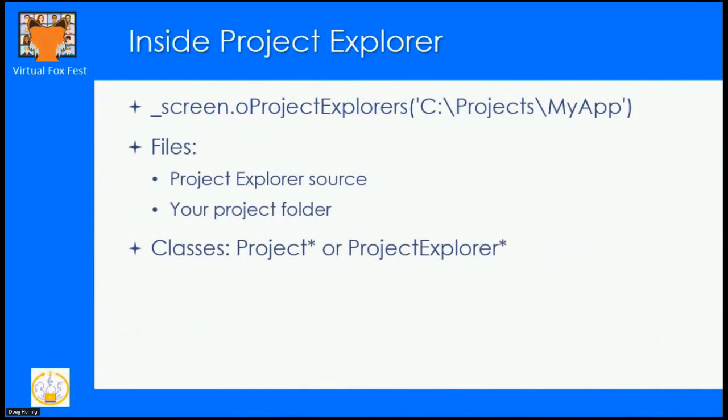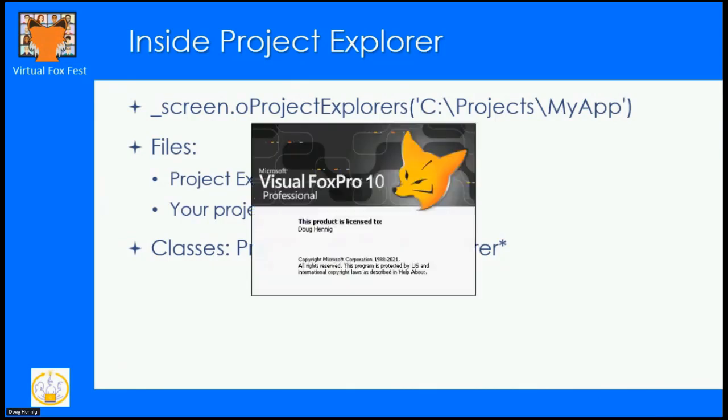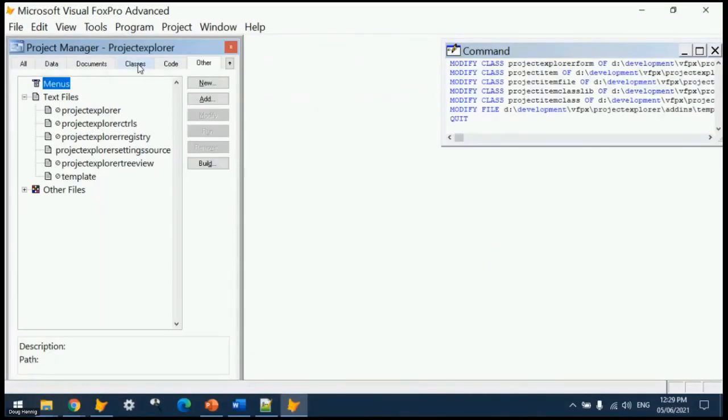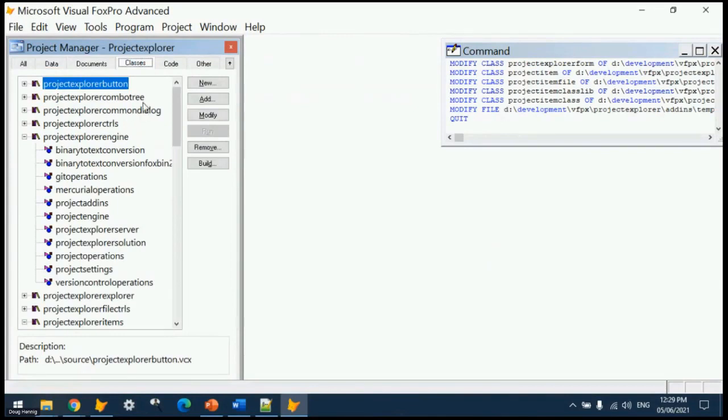If we take a look at, let's go and open up the source code for Project Explorer. Let me just go and launch that. And you'll notice that pretty much all of the classes and all the PRGs start with Project Explorer or Project something. That's because Project Explorer is a FoxPro tool written in FoxPro for FoxPro, so it would be possible that there be name conflicts, right?